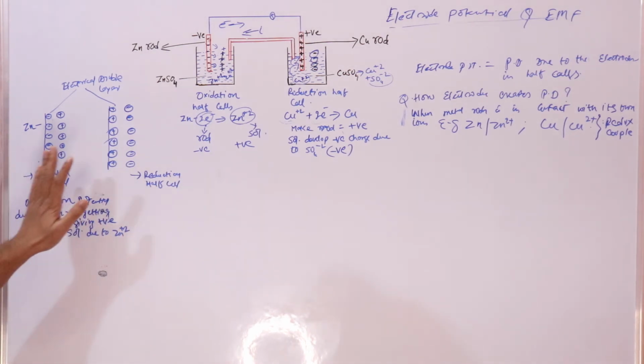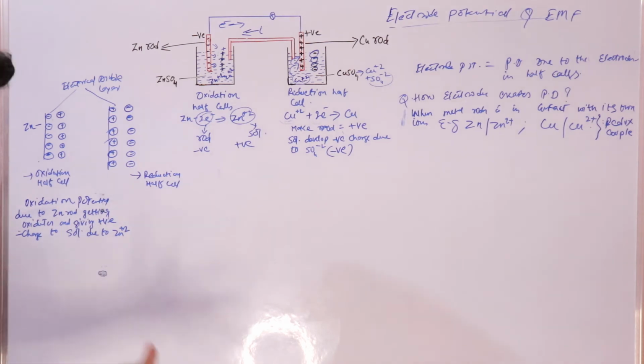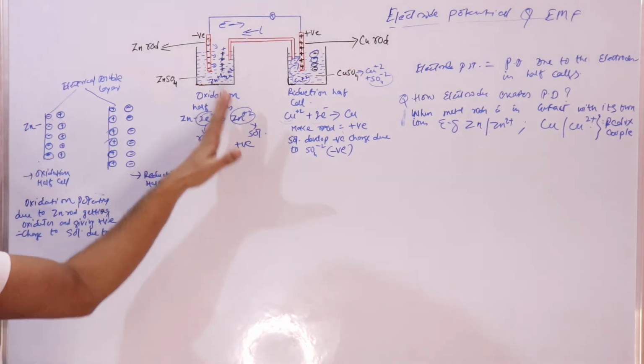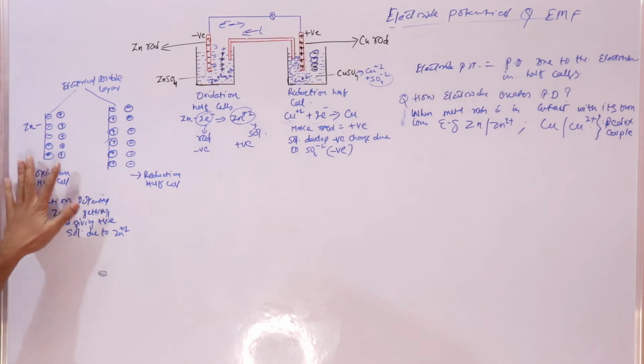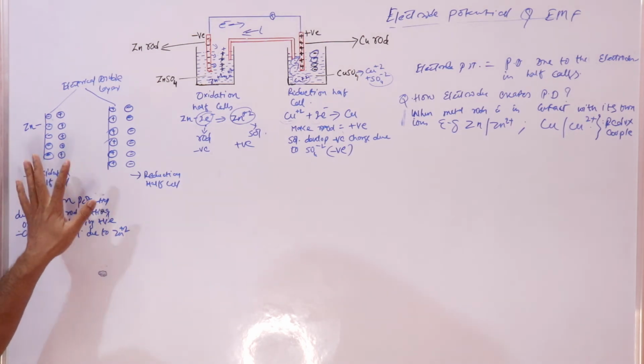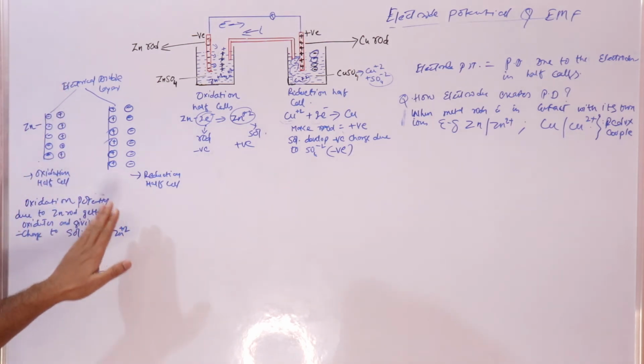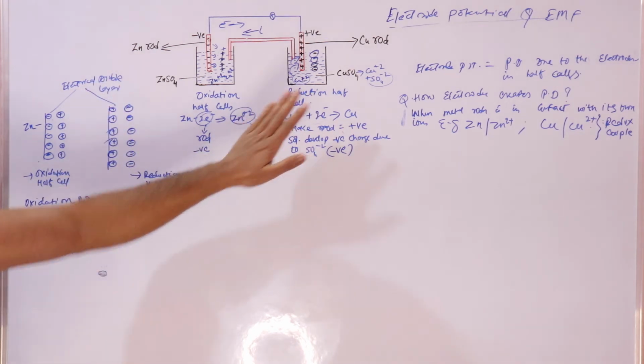So this is your oxidation potential. So when the tendency of the metal is to oxidize, right, the potential difference that is developed is known as oxidation potential. Similarly, this is in the reduction half cell.